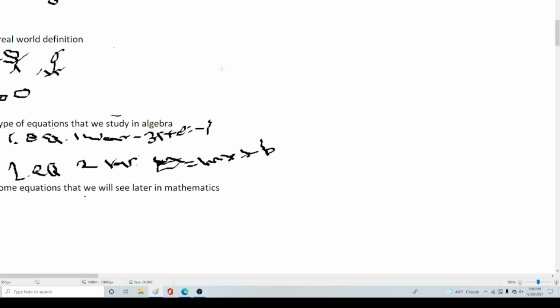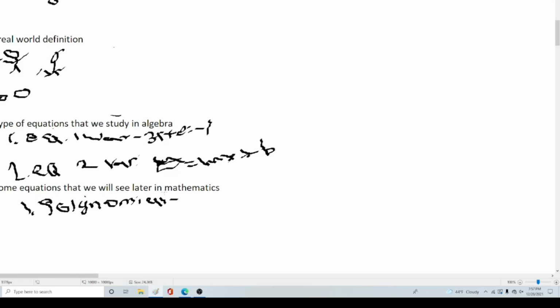There are subclassifications of equations that we'll talk about, whether they're one variable or 2 variables, all throughout mathematics actually. Just some of the equations that we'll see later on in mathematics, not just through algebra, are, one, polynomials.